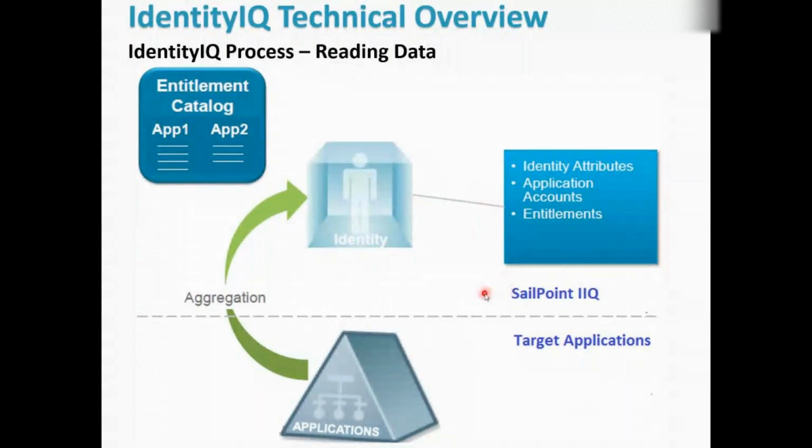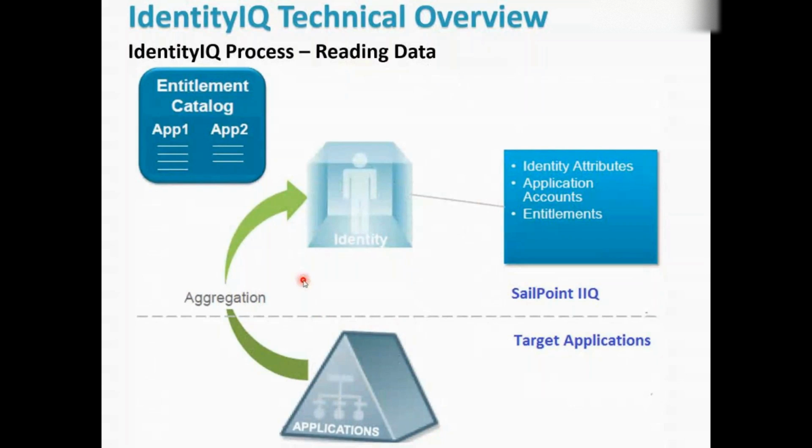Those identity attributes can be populated by this application, but only if it is authoritative. So we can get the identity attributes by reading the data. This is just about reading the data; how we bring the data, we will see later.